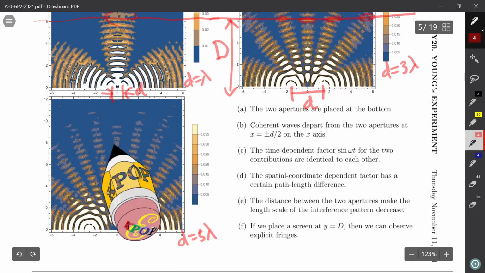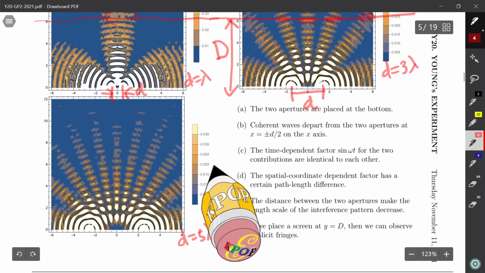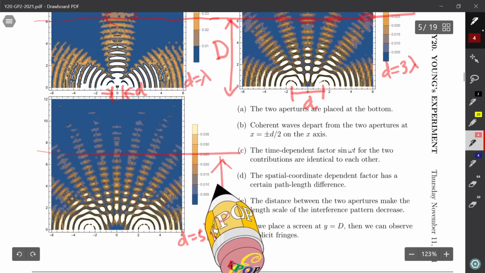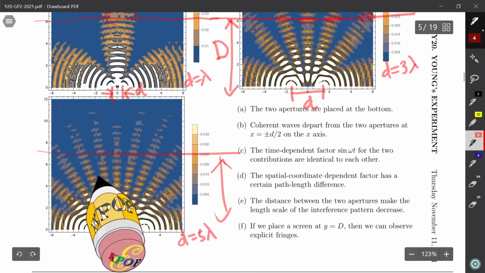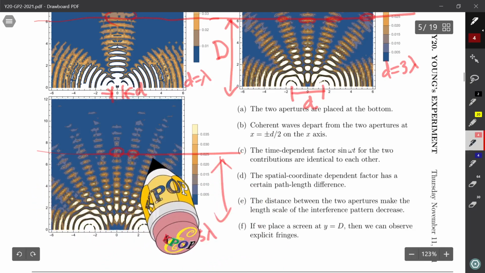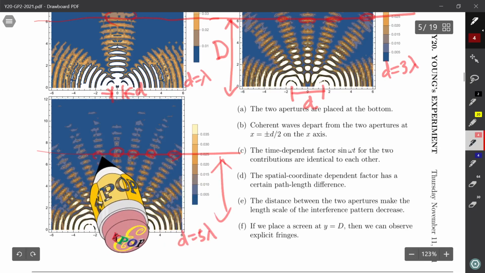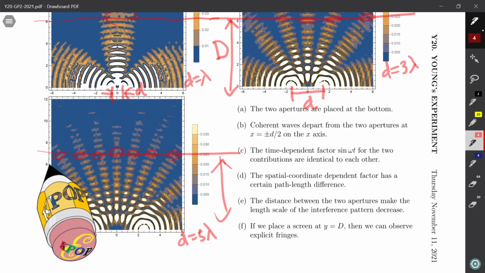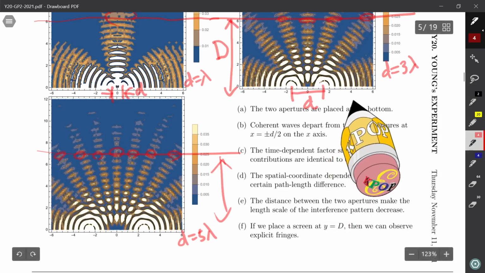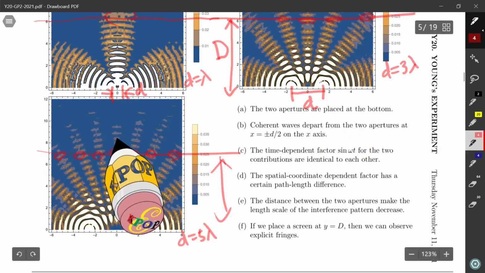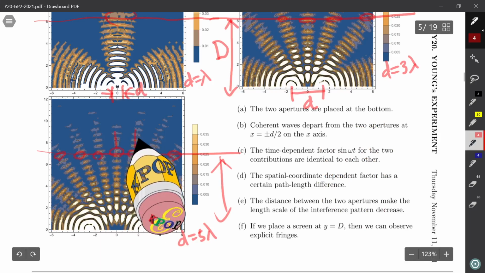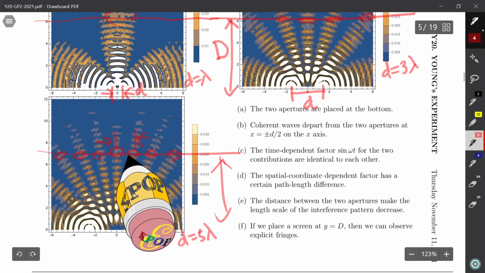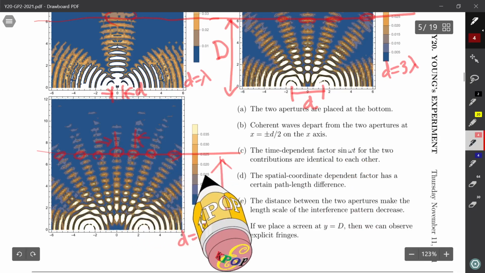Here, same d, about 6. So bright, dark, bright, dark, and so on. These are the fringes, and you find this gap between the two adjacent bright points.